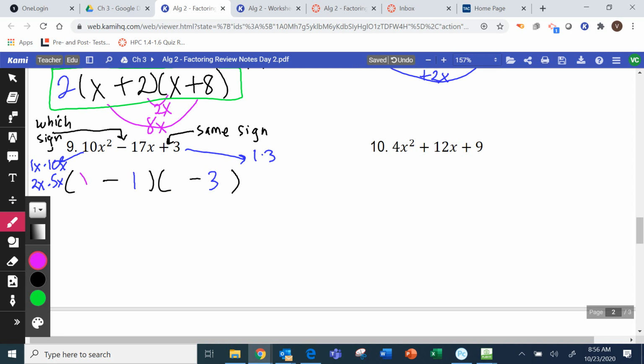So maybe it is 1x and 10x. That'll give me 3 and 10. Nope. That's not right either. So it's not 1 and 10, it's got to be 5 and 2.